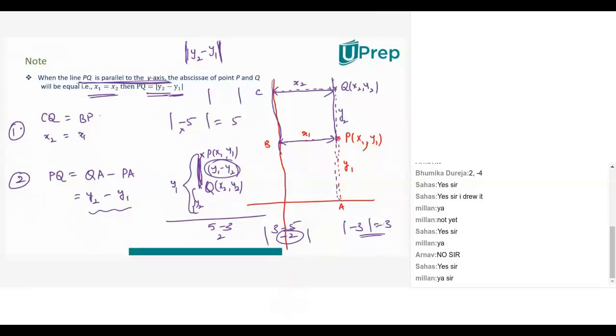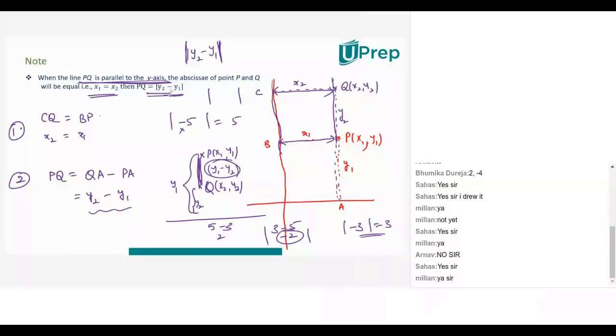Why I brought it into this formula in particular is that distance cannot be negative. Yes, sir. Distance between two points cannot be negative. So that's why, to tell you that distance cannot be negative, we use this symbol, modulus of y2 minus y1. Is that clear, Alifia? It's a symbol. Yes, sir, it's clear.